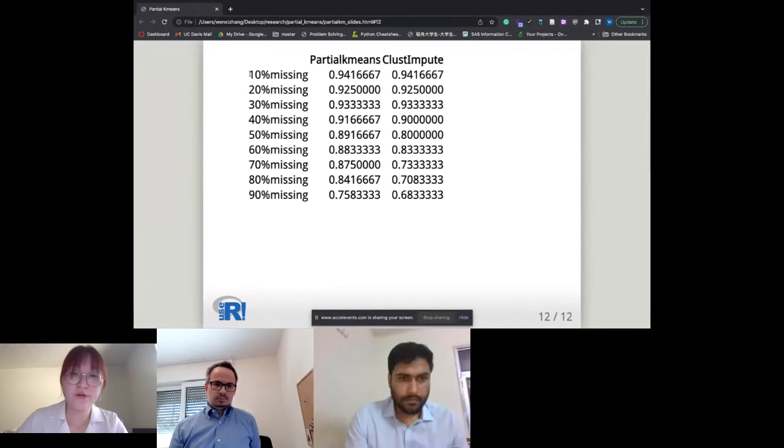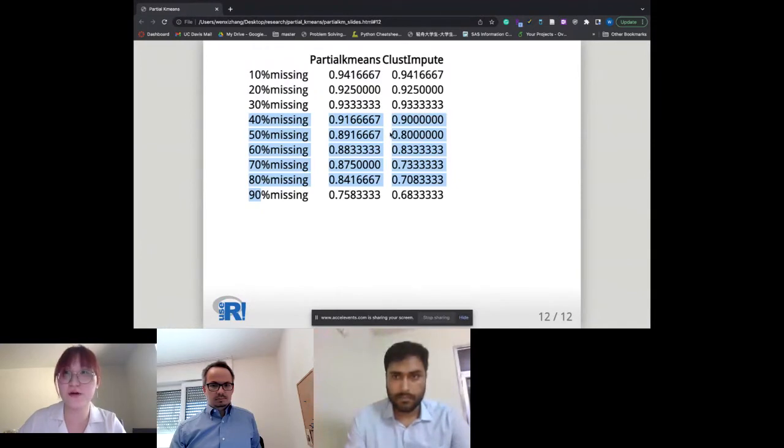So from here, we can see that when the percentage of missing values we manipulate is from 10 to 30, the two methods perform pretty well, and they have similar performance. However, as the percentage of missing data increases, let's say from 40 to 90, we can see here that our method has a higher accuracy than ClusterImpute.